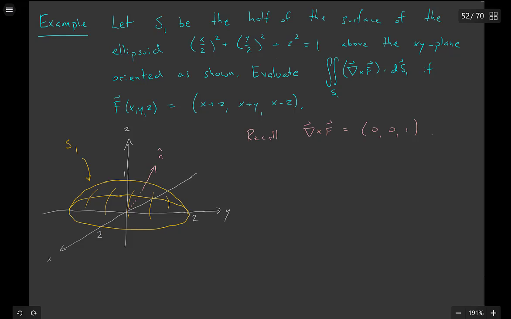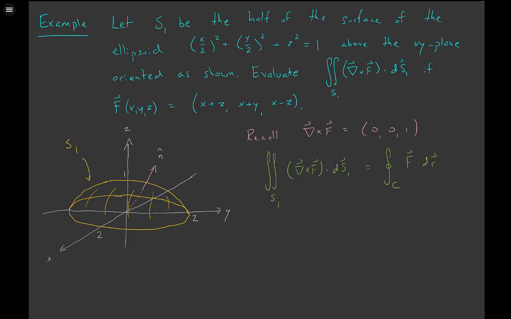So flipping Stokes' theorem around, we have that the integral over this surface S1 of the curl of f is equal to the integral over the closed curve C of f dot dr, where the closed curve C here is the boundary of the surface S1, oriented so that if I point my fingers around in the direction in which it's traversed, my thumb would point in the direction of the normal to the surface S1.